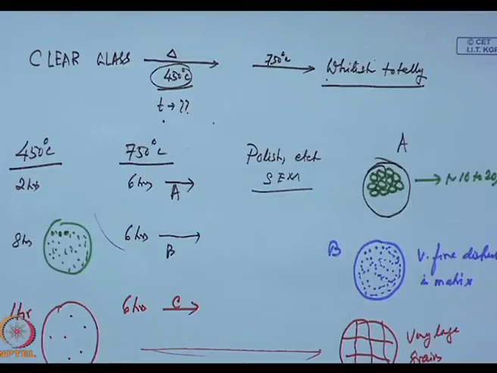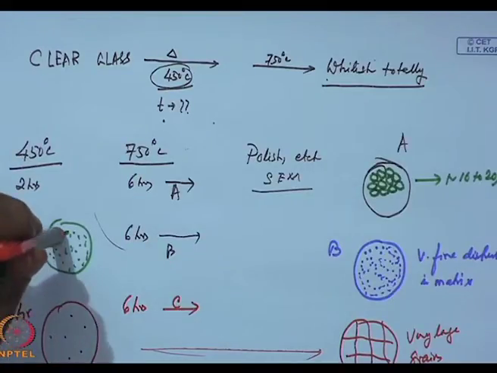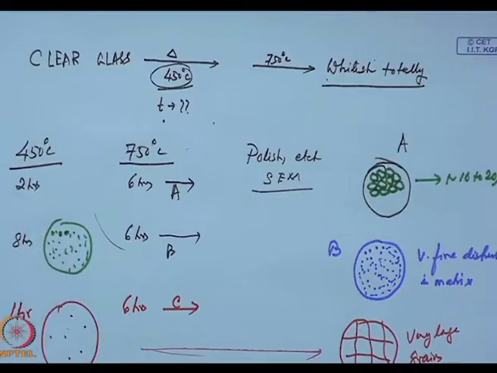So, if I have got heavily nucleated crystals as in B, I will have a very fine dispersion of crystals in the matrix. But if I have very low nucleation, by controlling the nucleation time for only 1 hour and then I process it for 6 hours at 750, I will get very, very large crystals.